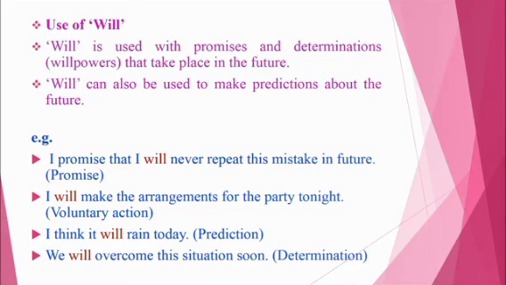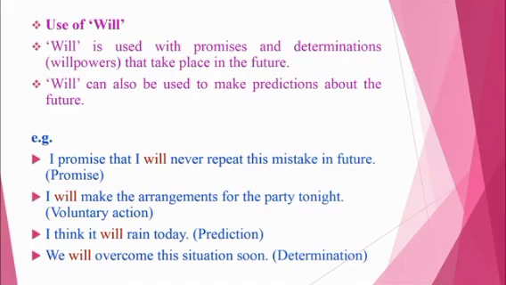The first sentence is I promise that I will never repeat this mistake in future. This sentence denotes promise. The next example sentence is I will make the arrangements for the party tonight.